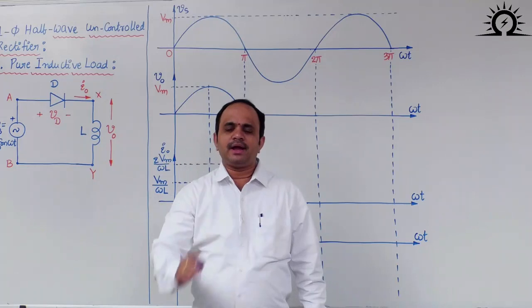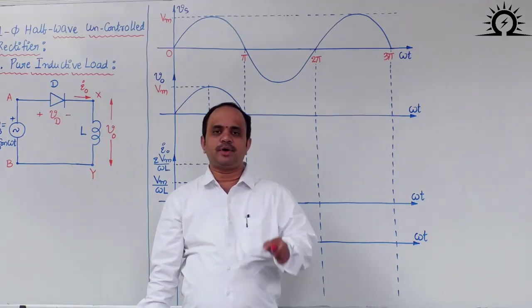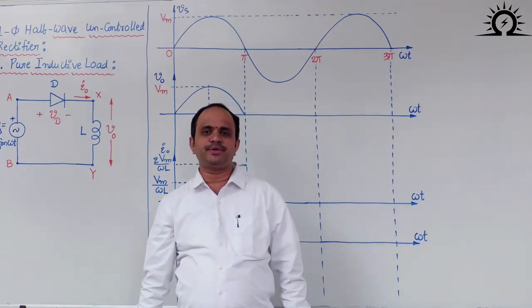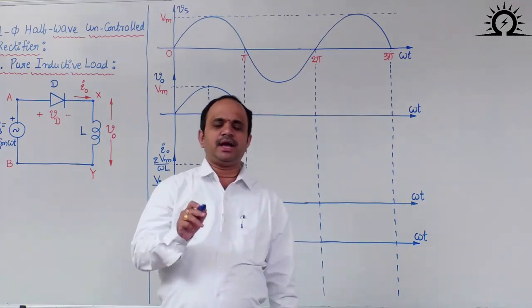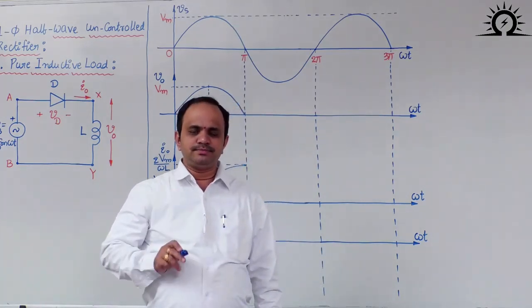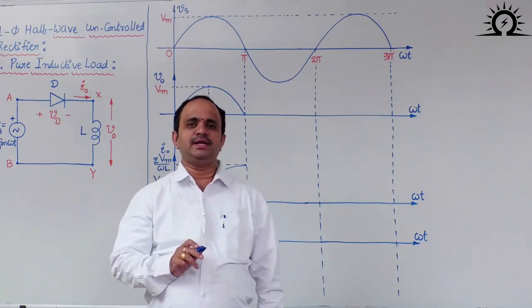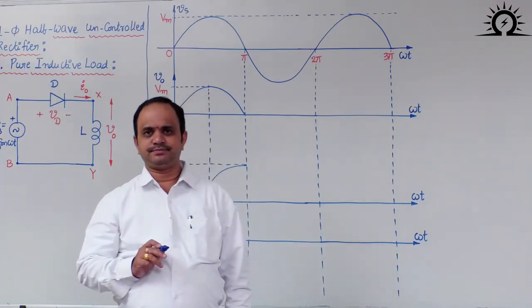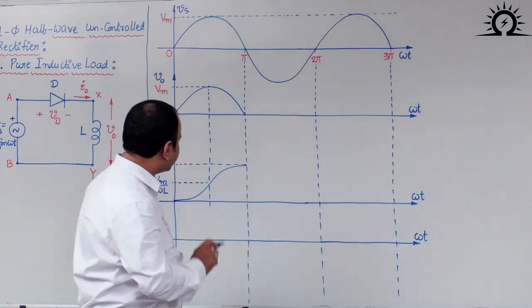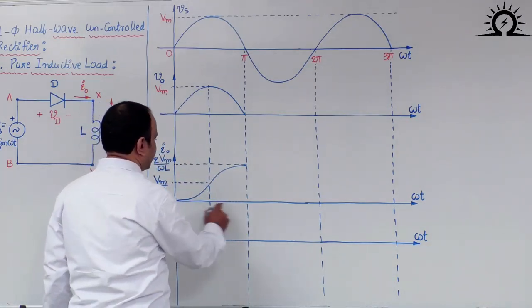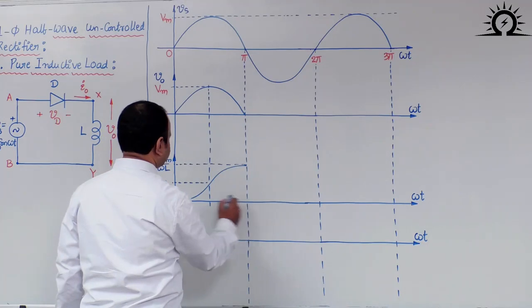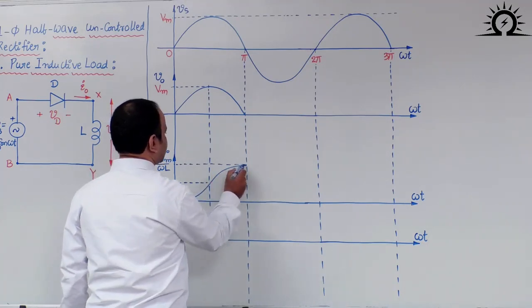Now if you go back and recollect inductor properties. What was the inductor property? Whenever dIL by dt is positive or voltage across inductor is positive, we concluded that the inductor stores energy. Therefore, by using that statement, we can say here from 0 to pi, the rate of rise of inductor current is positive.